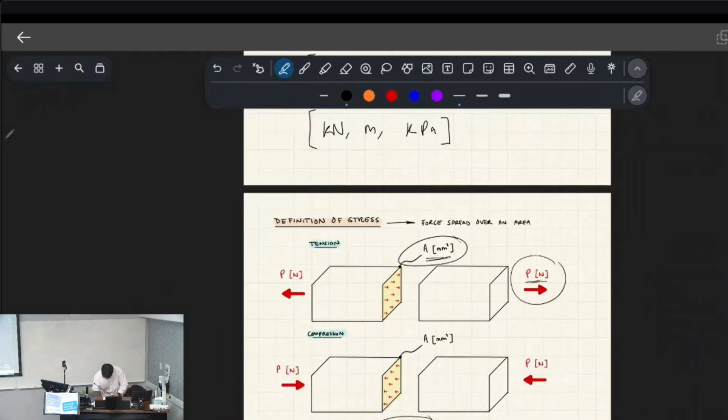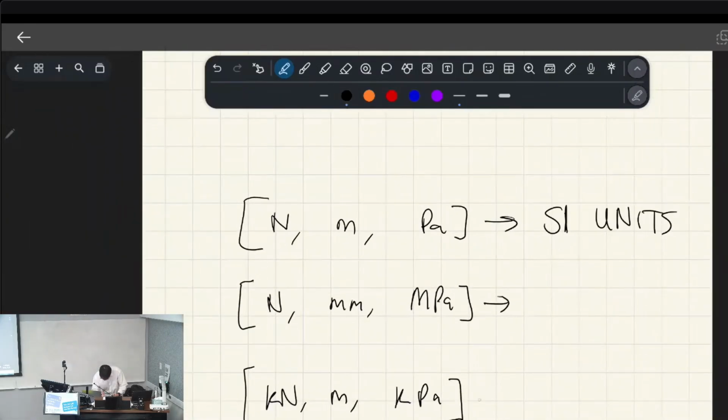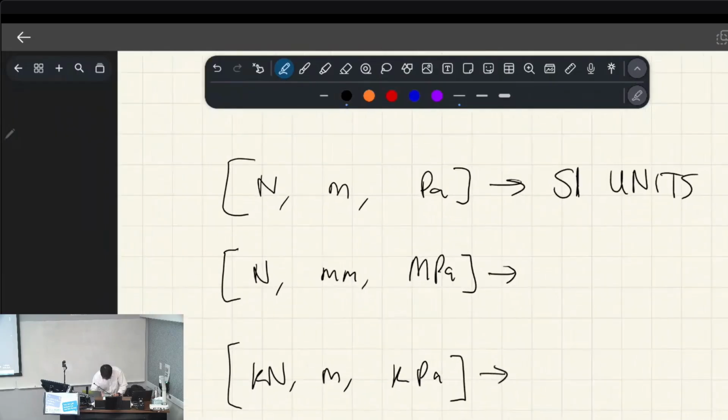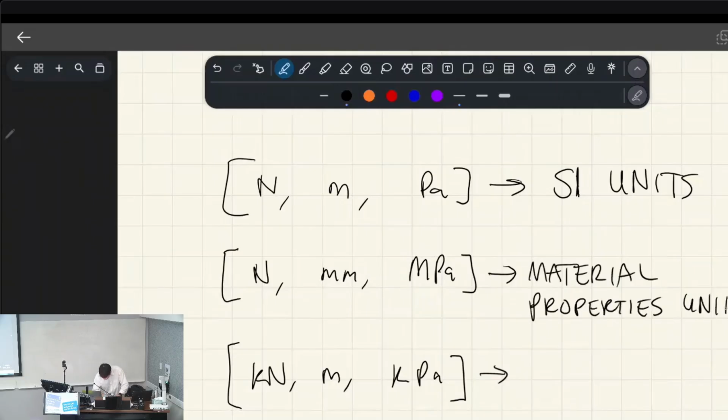I'm just going to give them names, which I don't think are the official names, but if you describe this to a structural engineer, they'll know what you're talking about. Let's call this the material properties units, and let's call this the loading units.